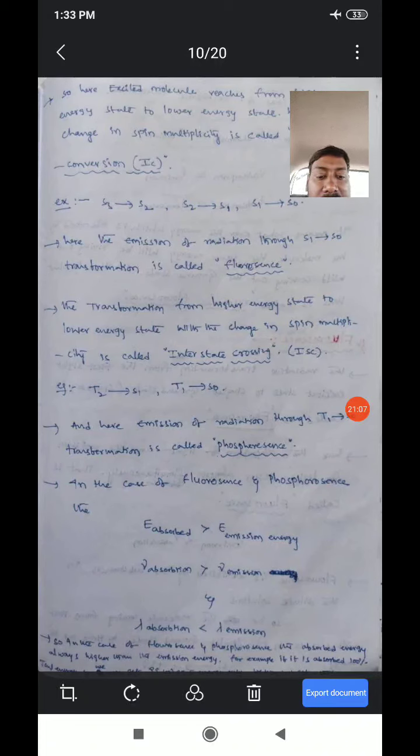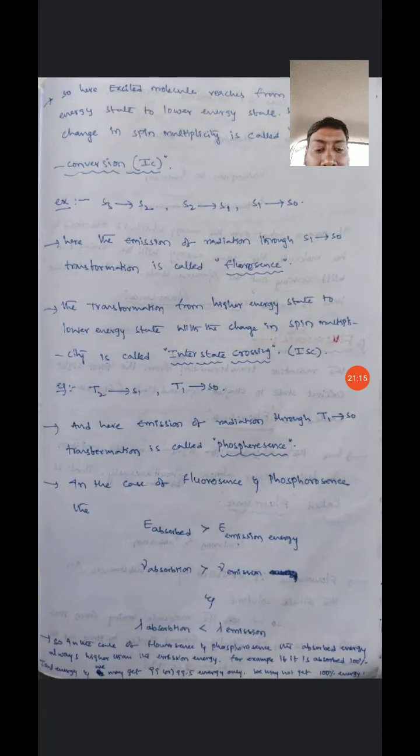In fluorescence and phosphorescence, the absorbed energy is greater than the emission energy, the absorbed frequency is greater than the emission frequency, and the absorption wavelength is less than the emission wavelength.